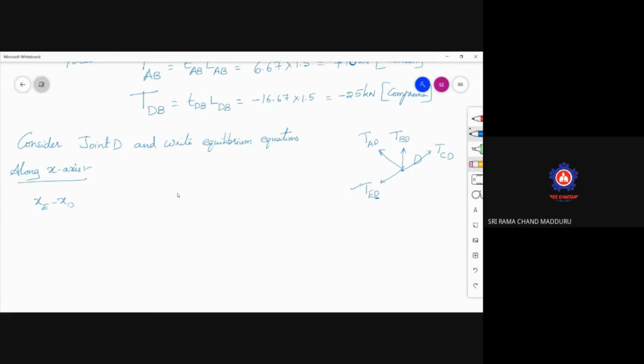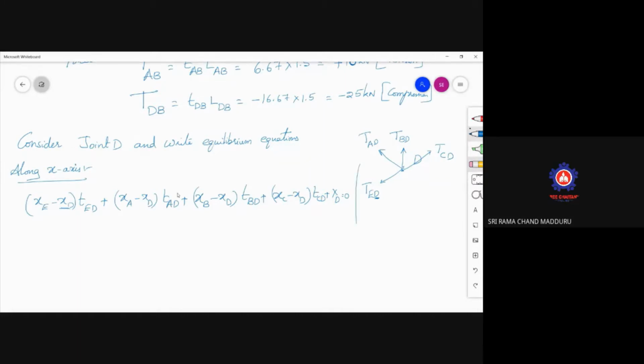So simply remember, XE minus XD into TED plus XA minus XD into TAD, always the second term will be the joint coordinate, plus XB minus XD into TBD plus XC minus XD into TCD plus capital XD equal to 0.